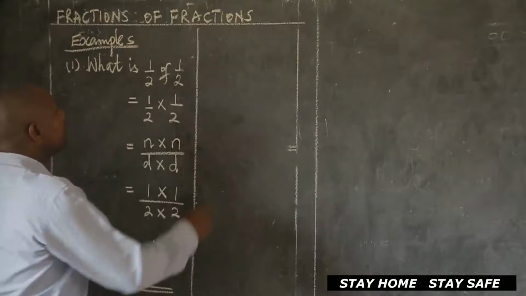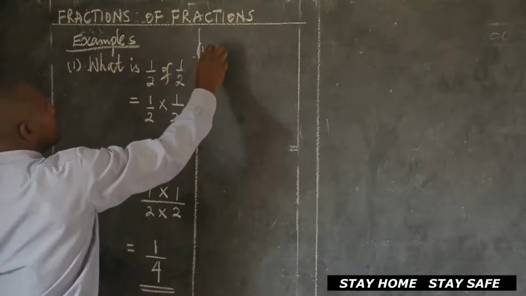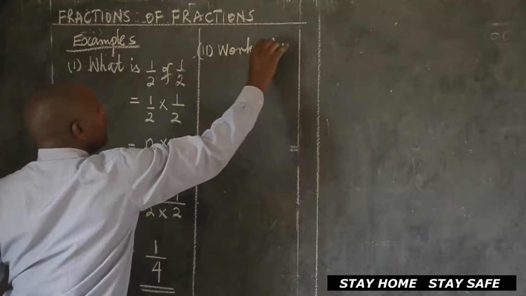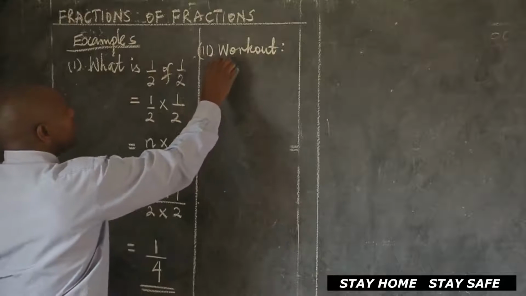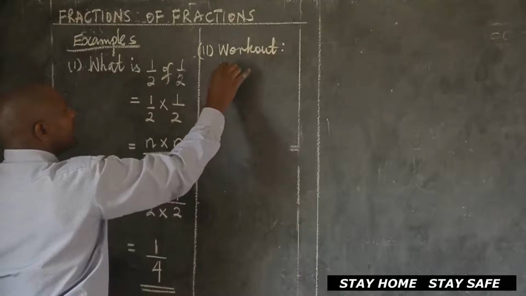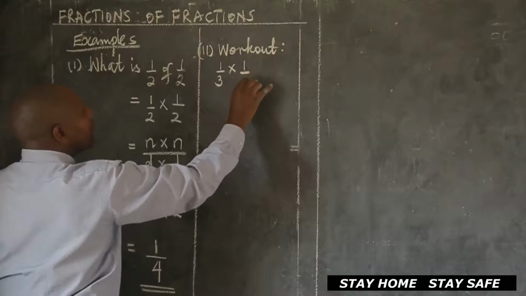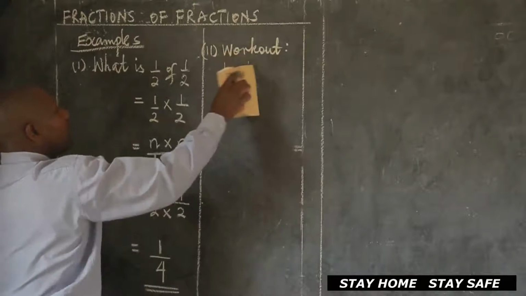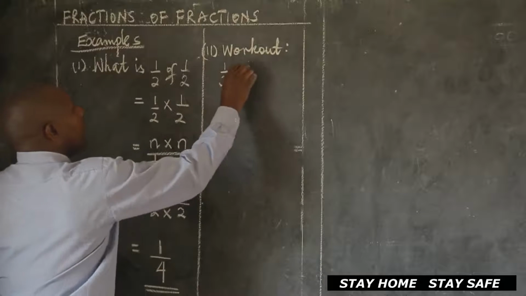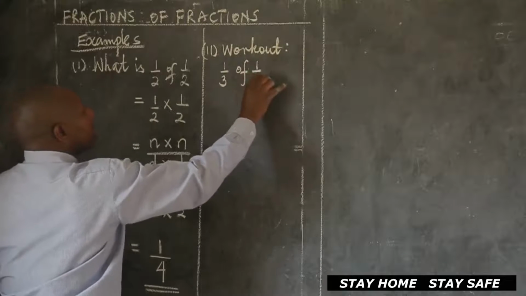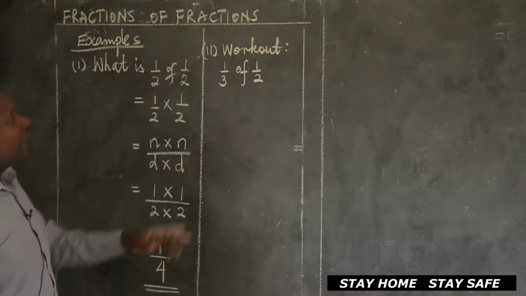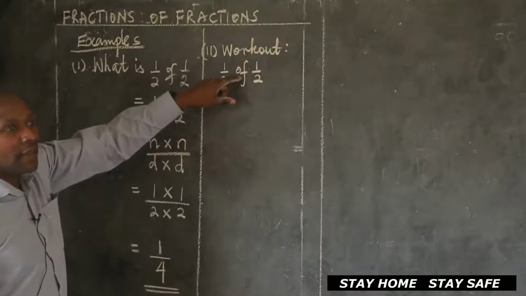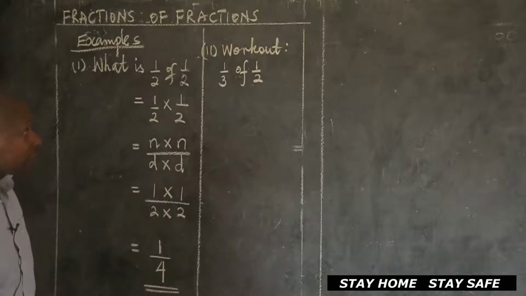So, they are telling us, work out, what are we working out this time? It is a third times a half. Our emphasis, our interest, is to make sure that we interpret this word and then we work out the fractions.